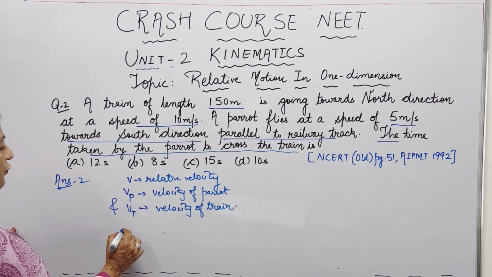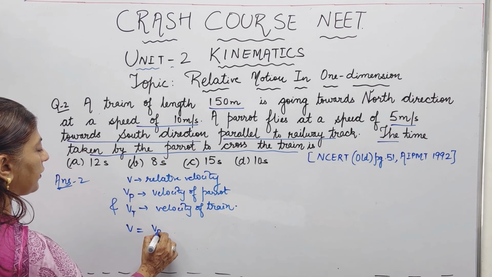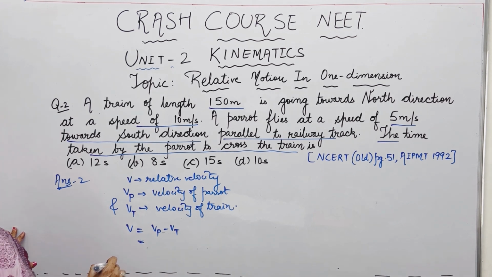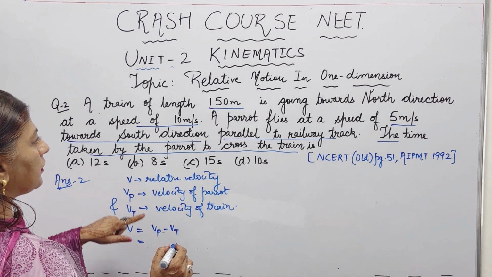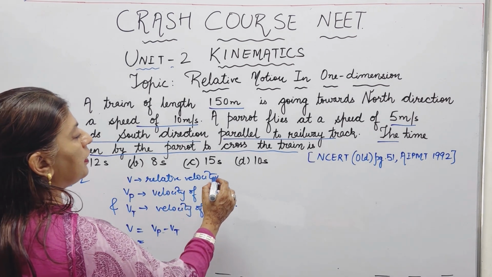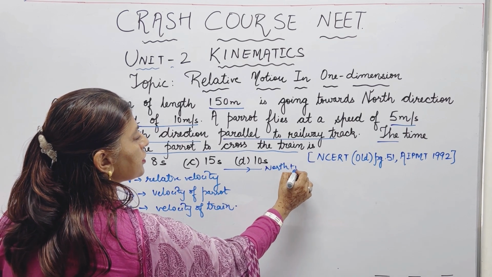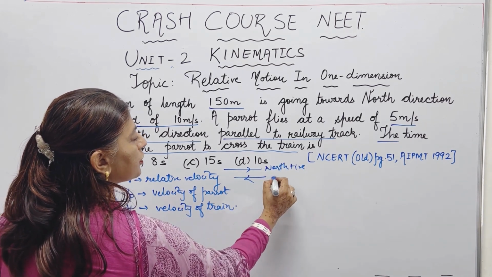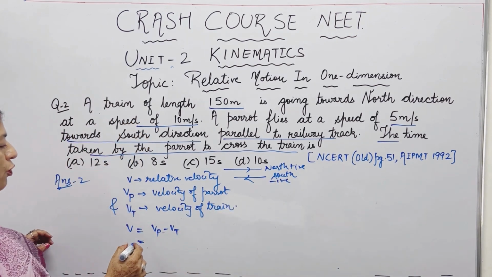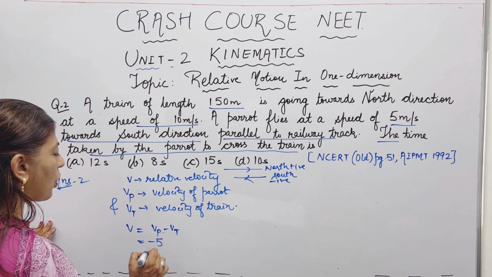So here the relative velocity is equal to the velocity of the parrot minus the velocity of the train. The velocity of the parrot is 5 meter per second, and by convention we take the direction towards north as positive and the opposite direction, towards south, as negative. So the parrot is moving with 5 meter per second in the opposite direction, the south direction.